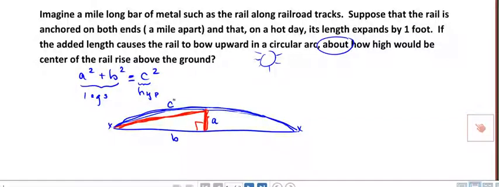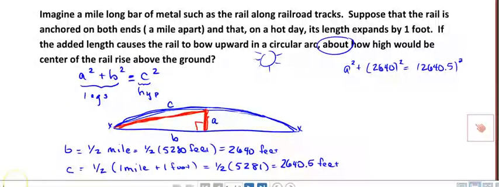And I actually have some values I can put in for part B and part C. So let's give some values. Remember, A is the height of that triangle. That's what we're trying to find. The value of B, which is on the bottom of that triangle, is going to be half of the original size of that piece of steel.